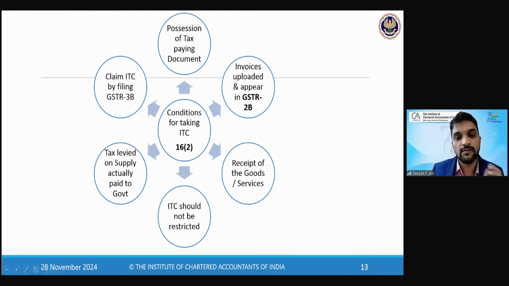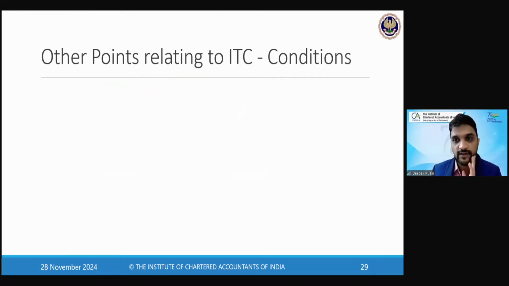Now other complications will come, but since our base is strong, we can proceed further.